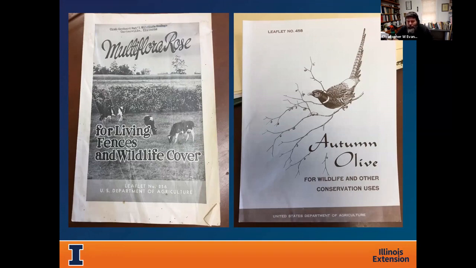It's only afterwards that we realized that the negative impacts greatly outweigh any positive benefits. I collect little pamphlets like these on different invasives, and you can see Multiflora Rose for living fence and autumn olive there for wildlife. And I just love that the wildlife they chose to highlight was the exotic ringneck pheasant.